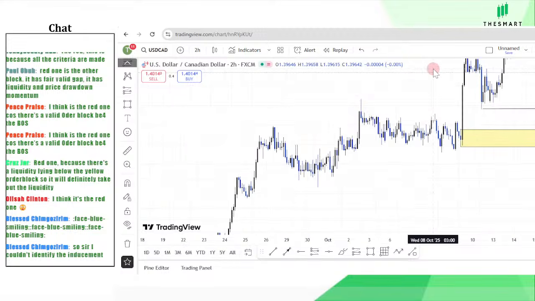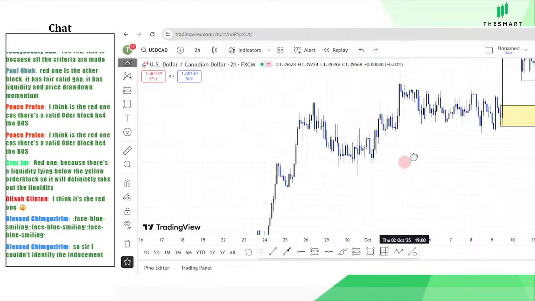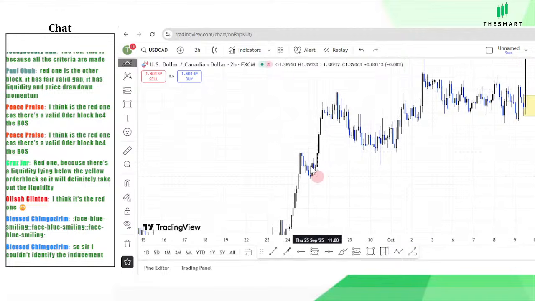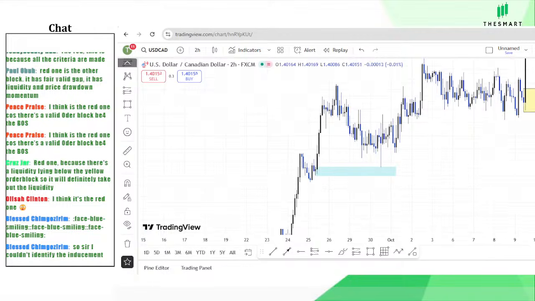Now, I think I've seen another one here, another one at this point. At this point, we have the last sell candle before the buy. And what can you see at this particular order block?